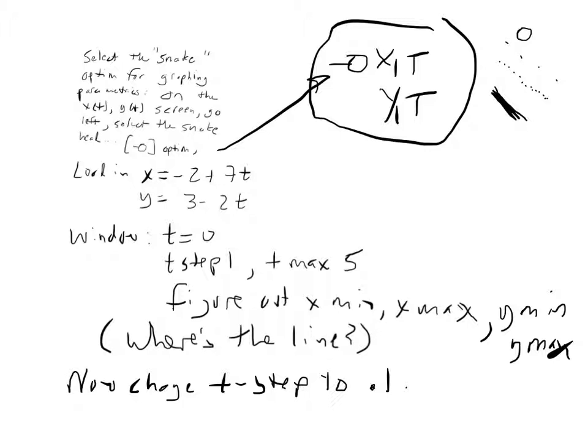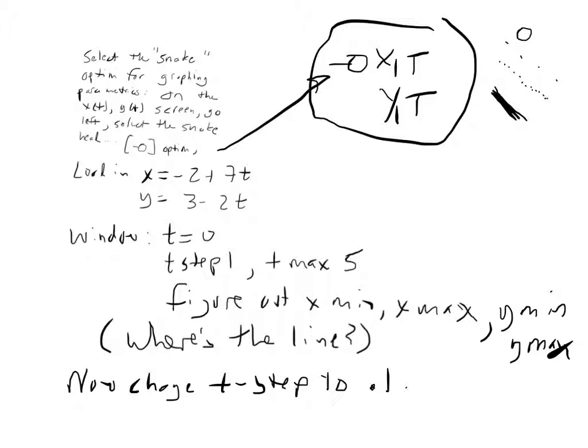And then you're going to have to figure out where you want your x-mins and x-maxes and y-mins and y-maxes to be. Because remember, what you're graphing here is a parametric equation for a line. You could put this back into Cartesian form if you wish. Or you might just have to play around and figure out what your x-min, x-max, y-min, y-max need to be to see the picture of the line.